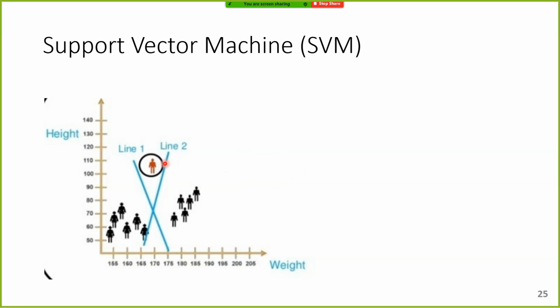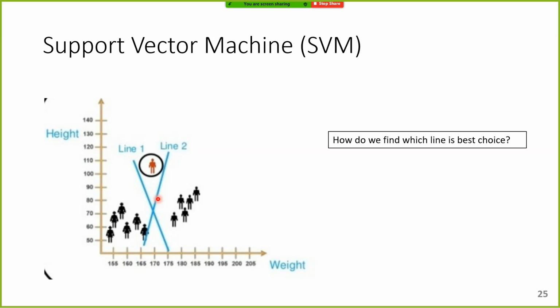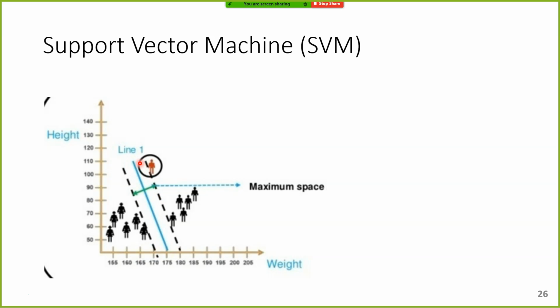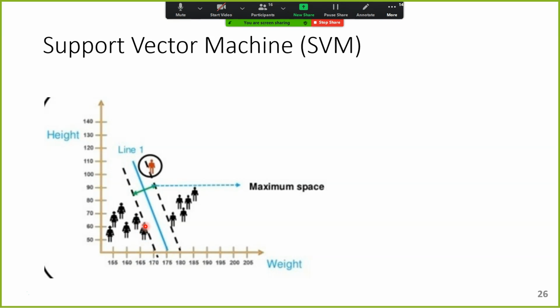So we have multiple choices of decision boundaries, and we want to know the best possible decision boundary. So the question is, how do we find the best choice? What we do is draw two lines parallel to our hyperplane in such a way that each of these lines touches the nearest possible neighbors.